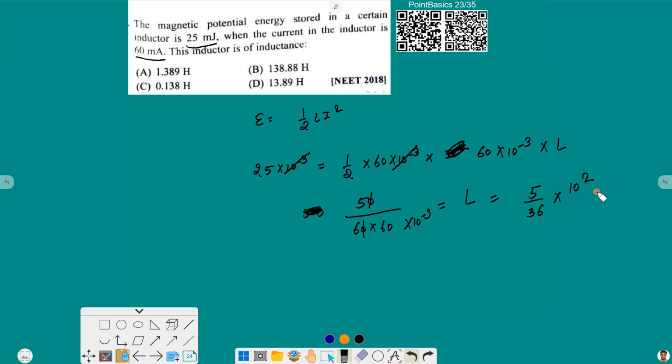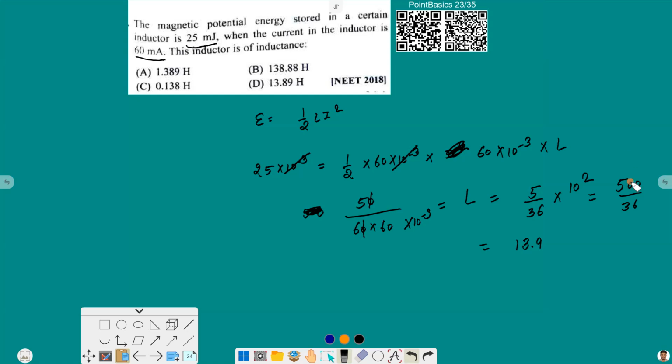That will be 500 by 36, and solving this we will get 13.9 Henry almost.